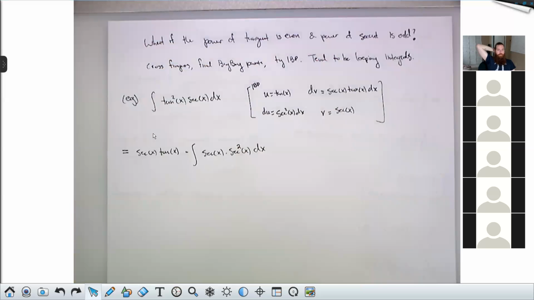On the one hand, that is secant cubed. And I do know how to do the secant cubed integral. It requires looping. But if I'm clever, I can make this whole integral loop without having to deal with secant cubed directly. The trick is, at this step, I use a trig identity.